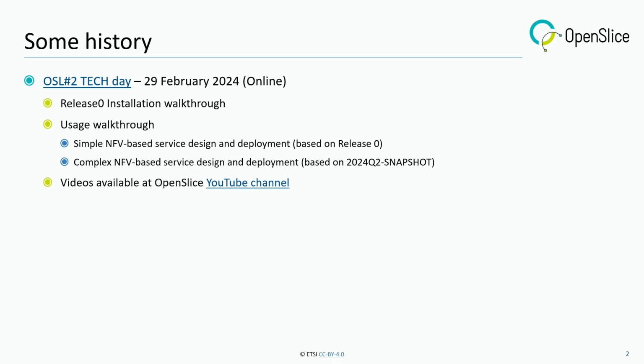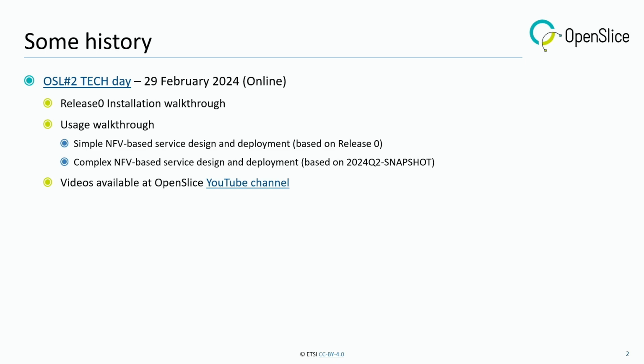So we had an NFV-based simple deployment of a simple NFV artifact, namely an NSD, through OpenSlice, but we also created a more complex NFV-based service and deployed it based on the version that we were aiming to develop towards the first release. As you can see, it's a 2024 Q2 snapshot. So it was the objective of the first release.